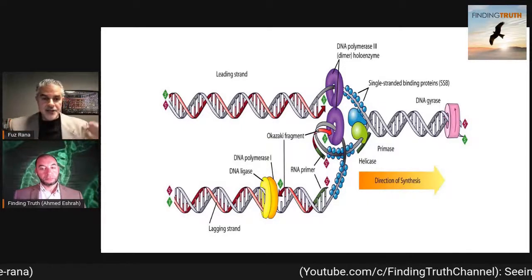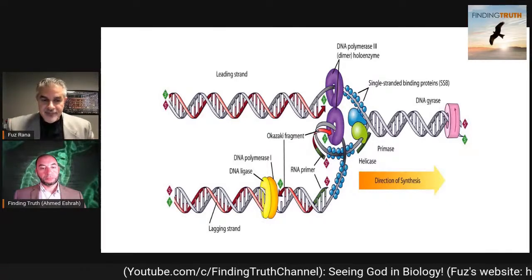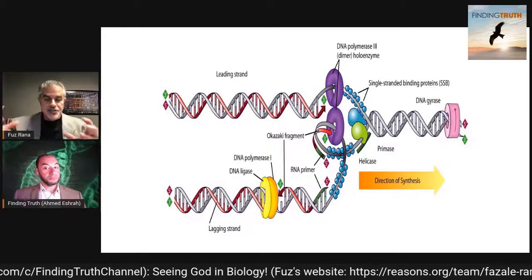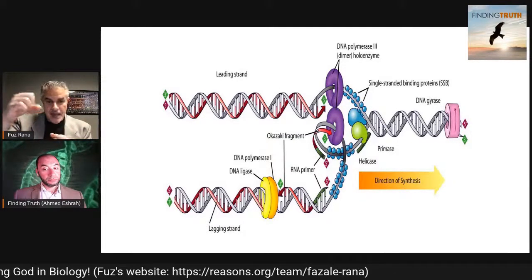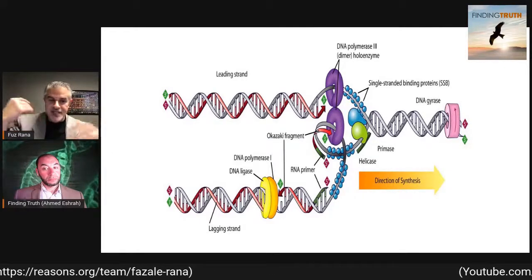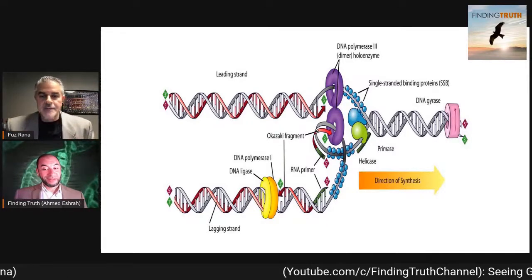Now, single-stranded pieces of DNA are fragile. They're subject to breaking down. So there are proteins called single-stranded binding proteins that bind to help stabilize that single strand so that nothing breaks during the replication process. Now, amazing.